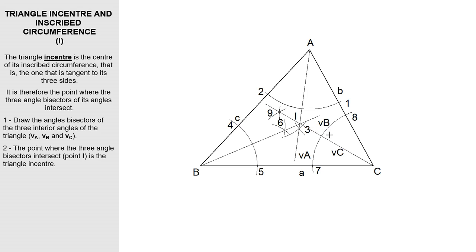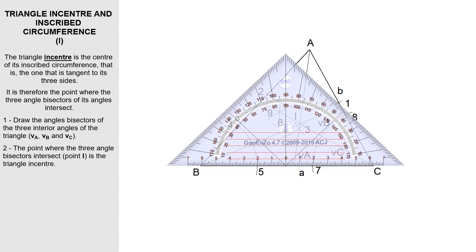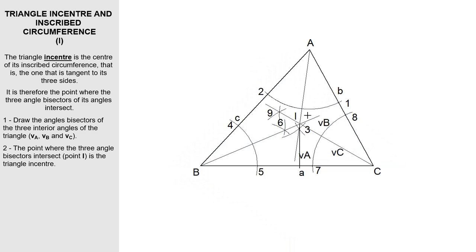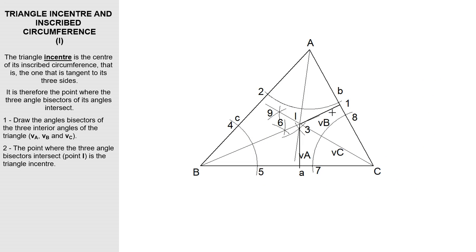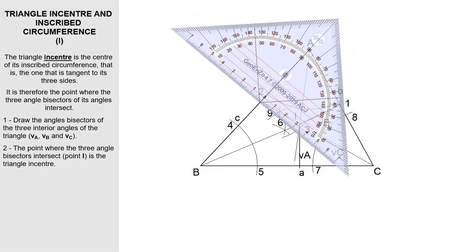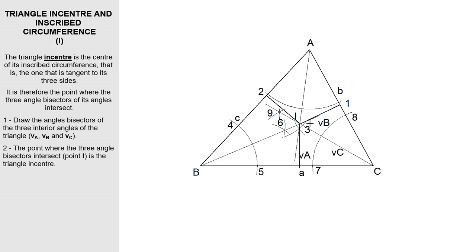We can check it by drawing perpendicular lines to sides A, B and C from point I. Here we have the straight line perpendicular to side A from point I. Here is the straight line perpendicular to side B from point I, and here is the straight line perpendicular to side C from point I. As we can see, these three measurements are congruent.